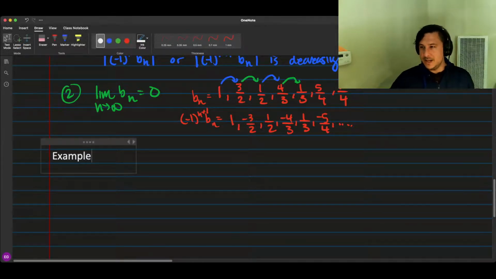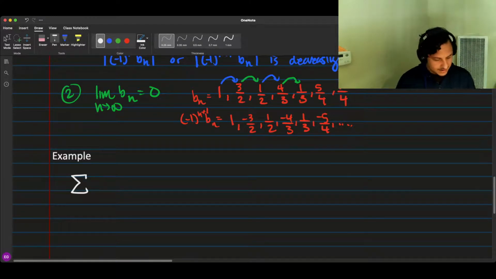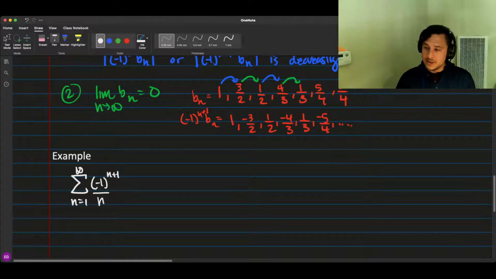So let's say you had the sum from n equals 1 to infinity of -1 to the n plus 1 all over n squared.